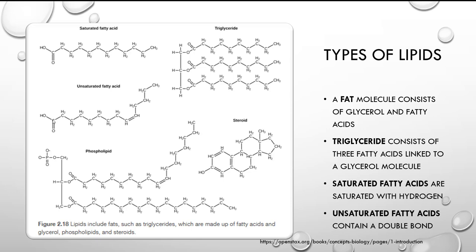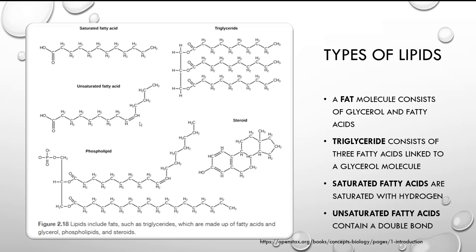That kink is caused by a double bond. The double bond means that the unsaturated fat has one less hydrogen in this case, or it can have multiple double bonds throughout it. So it's not as saturated with hydrogens as a saturated fat.